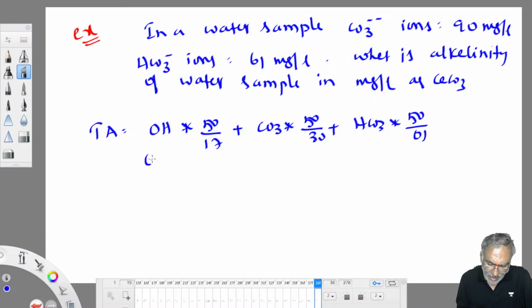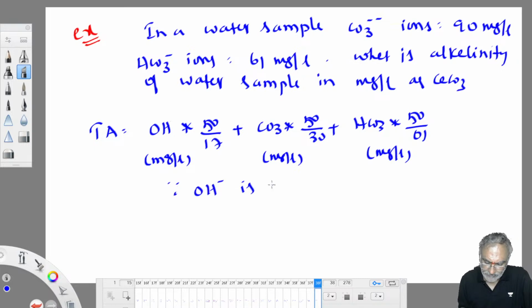If concentrations are given in milliequivalents per liter, straight away one more equation is given to you. Since OH minus ions are not given, they are taken as 0.